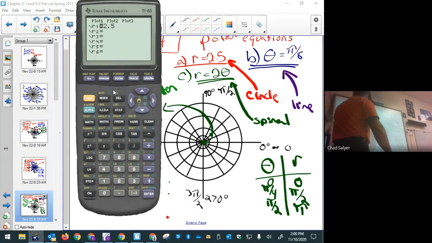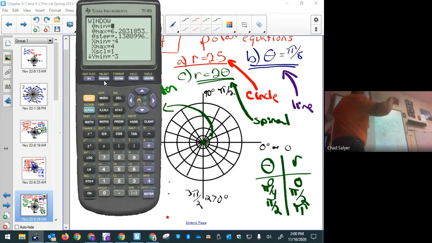So let's make a more involved graph of this on our calculator. So 2 theta, and I want to change my window. Theta min, theta max, how many degrees do you want to go, or radians in this case? 0 to 2 pi. I'll tell you what, let's go 0 to 6 pi, so 3 complete times around. The theta step, the default is good.